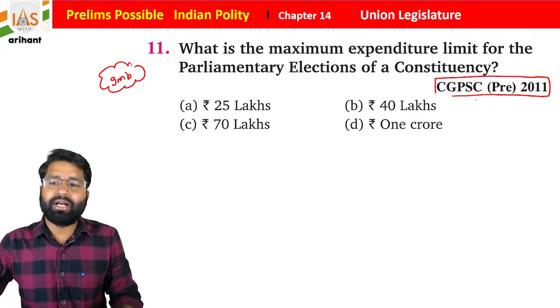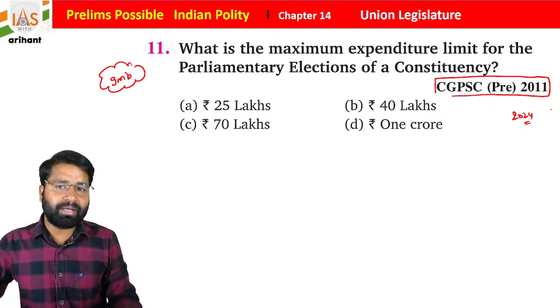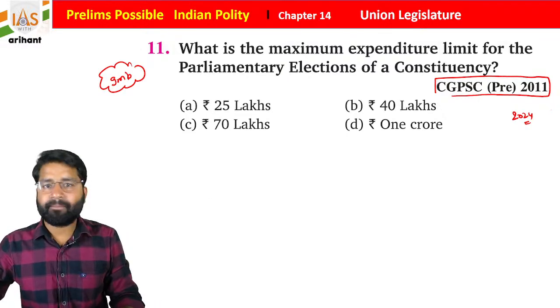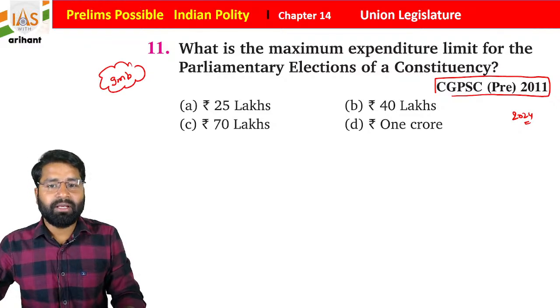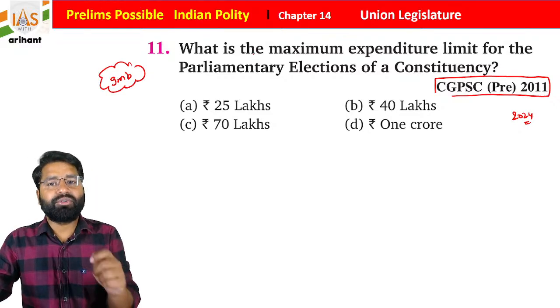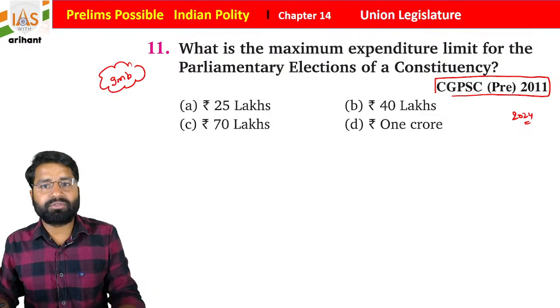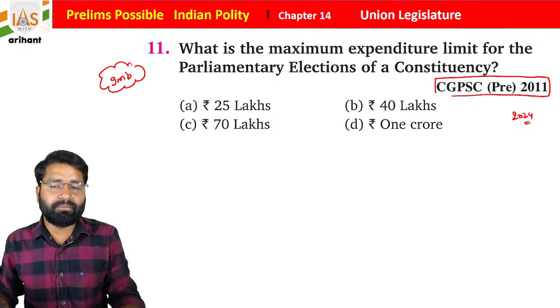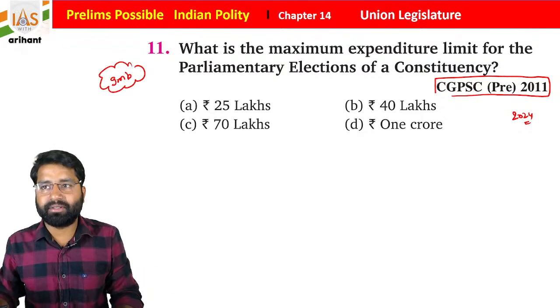Okay, now this question is important, but if you see, students, this question was in 2011. Now we are in 2024, and students, the election for the Lok Sabha is going to be conducted after 25 days. So see, here is a question connected with the campaigning of a Lok Sabha candidate, or a legislative assembly candidate.